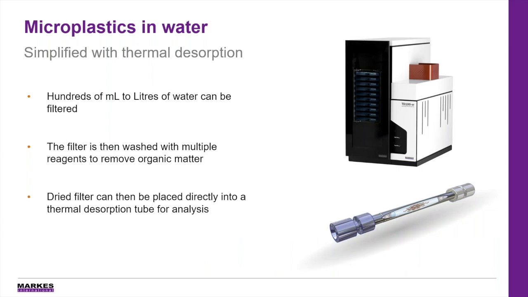So the process for taking a sample here is we take hundreds of mils to liters of water, and those are passed through a filter. This filter is then washed with multiple reagents to remove the organic matter, and then dried. This dried filter can then be placed directly into a thermal desorption tube for analysis. So again, minimal sample prep here.